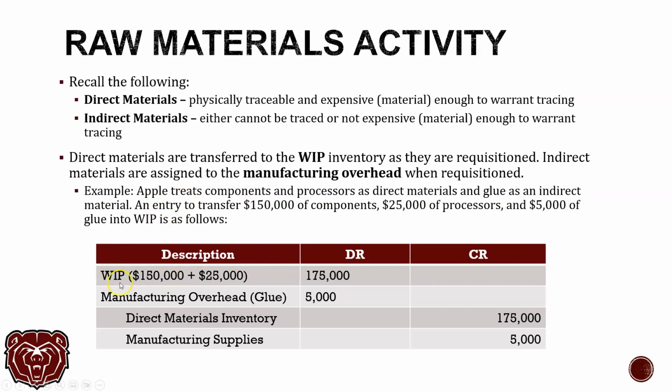So we have the WIP account, $150,000 plus $25,000. It's $175,000 total. We're going to put $5,000 of manufacturing overhead into this temporary manufacturing overhead account. Direct materials inventory, $175,000. Manufacturing supplies, $5,000.